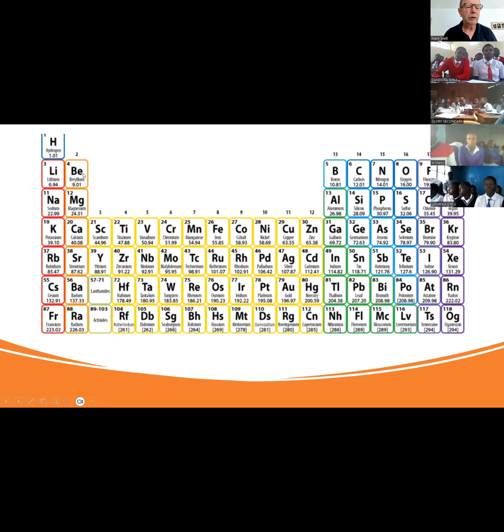Group 1, Group 2, the transition metals, and in some periodic tables it calls the first one on the left Group 1, then Group 2, and then if you look on this one it says 3, 4, 5, 6, 7, 8, 9, 10, 11, 12. Then the boron and aluminium group is number 13, then carbon is 14, nitrogen 15, oxygen 16, and so on.